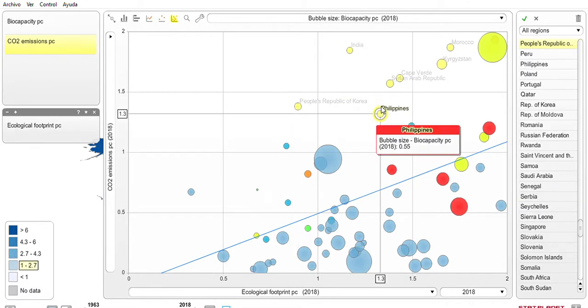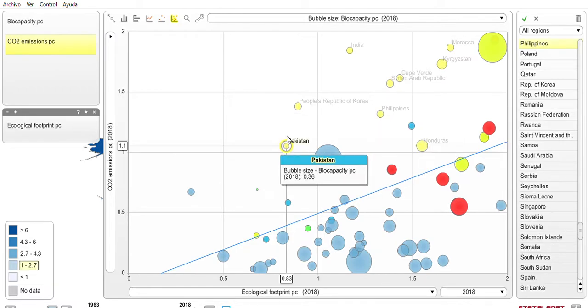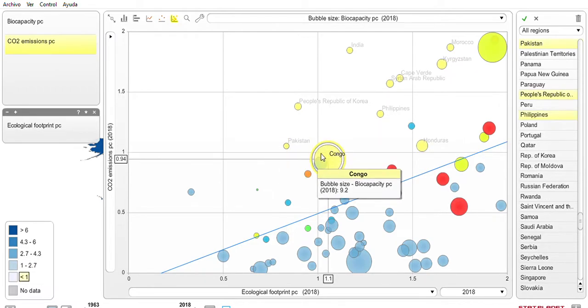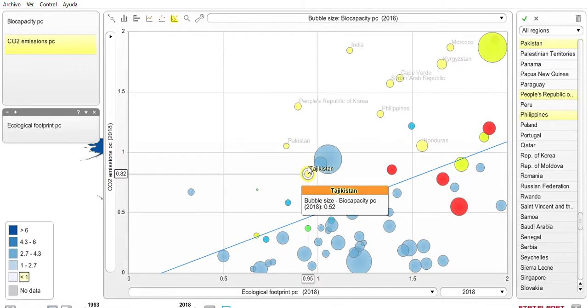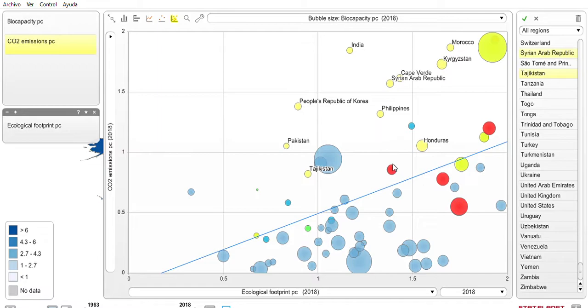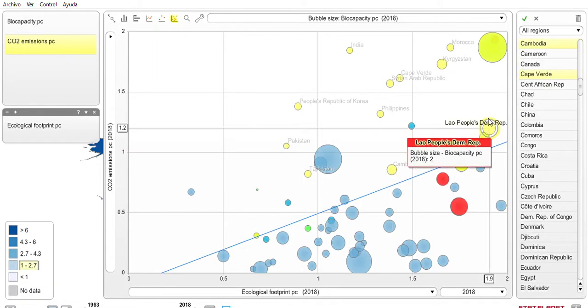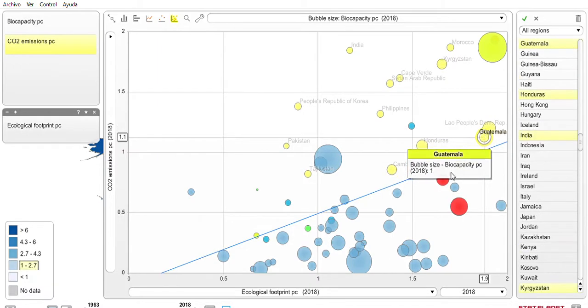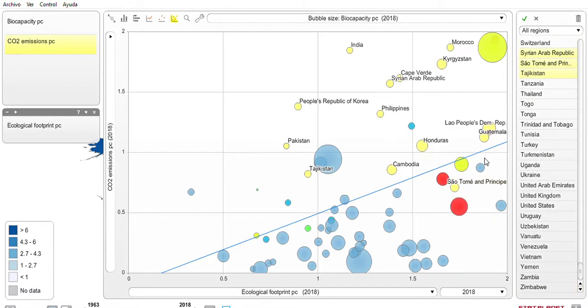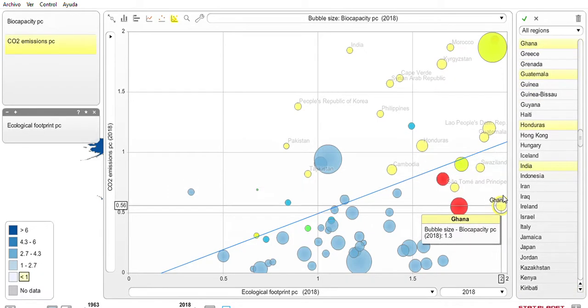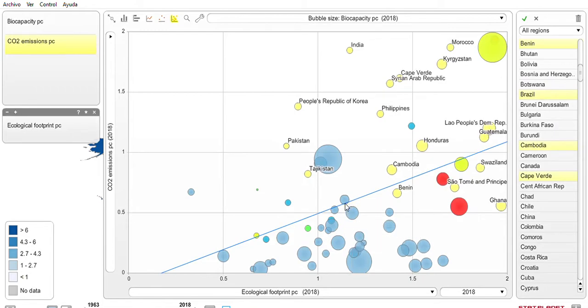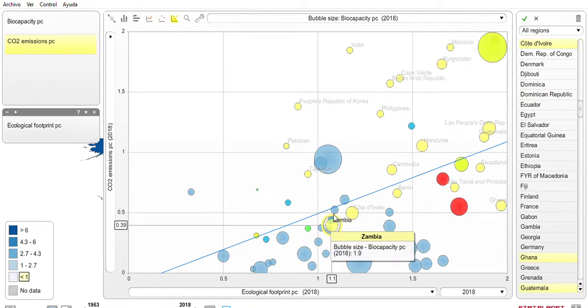North Korea, the Philippines, Pakistan. Congo would be, but has a very high capacity, which is not globally replicable. Tajikistan, Cambodia, and these others. And we see here Sao Tome and Principe, Swaziland, Ghana, and basically Southern African countries.